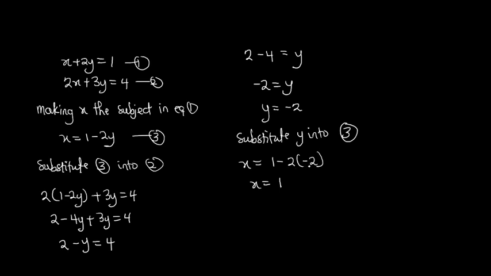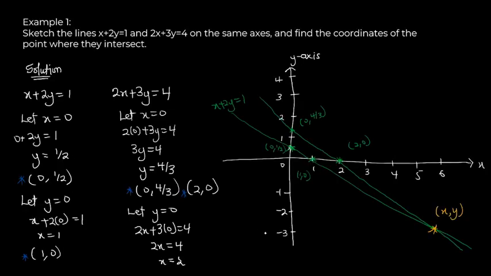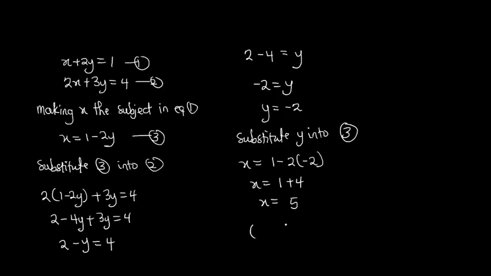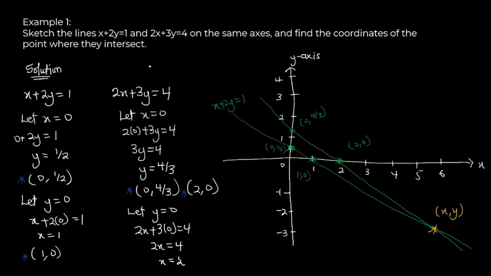Negative 2 multiplied by negative 2 will give me positive 4, so it becomes 4, and therefore x is equal to 5. So therefore it means that the point over here where these two lines met is x is equal to 5, and then y is equal to negative 2. So this is the point of intersection of the two lines that were given in this particular question.